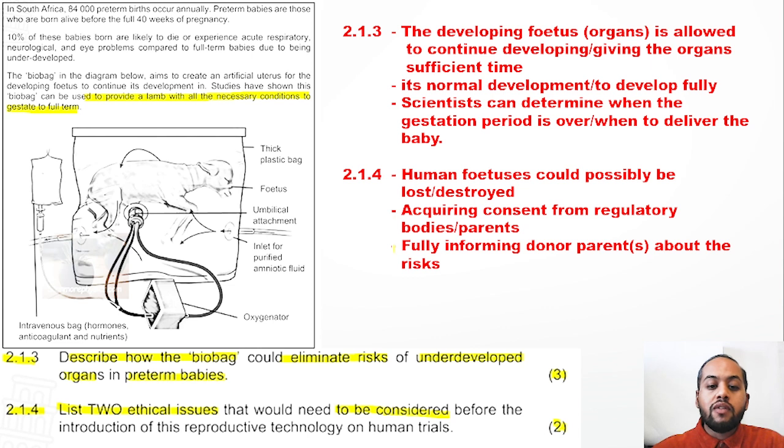So any 2 of these points for 2.1.4, you would have been awarded 2 marks because 2 ethical issues. Last one that you could possibly have said was, it's contrary to religious observations. So some religious beliefs will not agree to this actual process, and therefore it could be a disadvantage to those who actually want to start it.